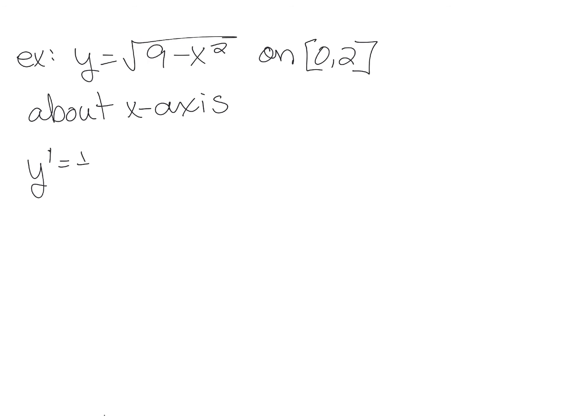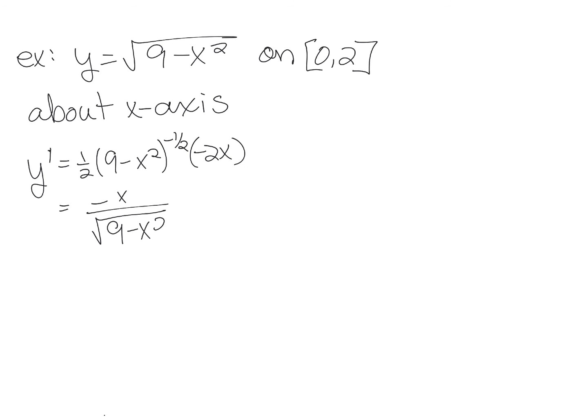So we're going to get 1/2 blob to the minus 1/2 times the derivative of the blob. Make it pretty. The 2's cancel. I'm going to get x on the top, a minus sign, and a square root in the denominator. And that's y prime. Y prime squared is going to be positive x squared over squaring that square root.